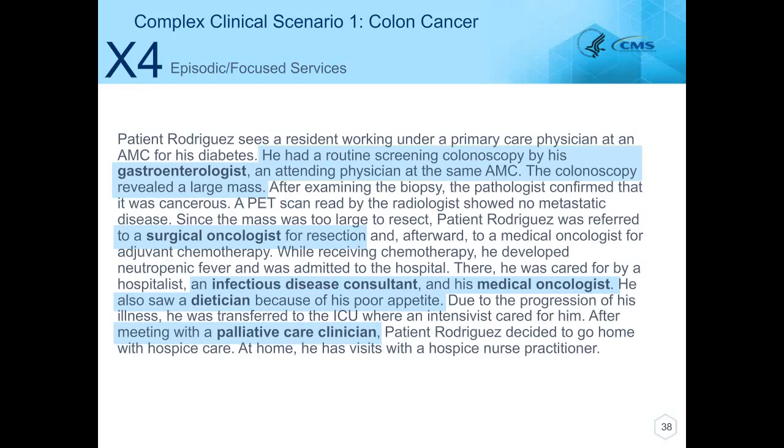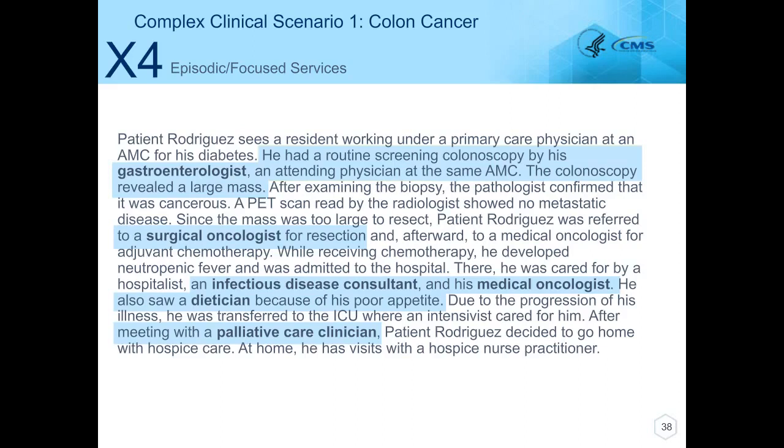And the infectious disease consultant, his medical oncologist, and dietitian, they specialize in specific areas of the patient's care. So it might be the infectious disease, it could be the cancer, or it could be the patient's overall diet. These, again, are occurring in the hospital, so they're episodic in nature, and they're focused on his specific condition.